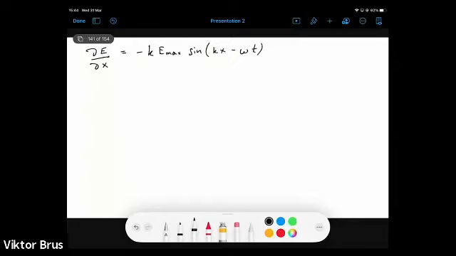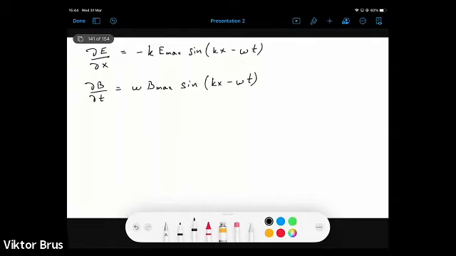And the partial derivative of the magnetic field with respect to time is equal to omega times B maximum times sine of kx minus omega t.